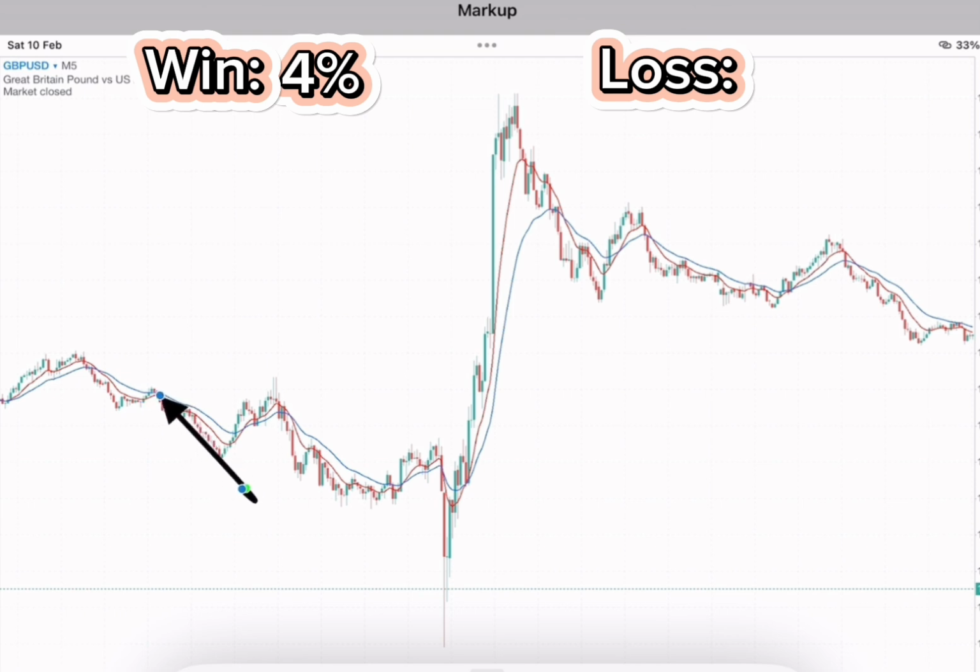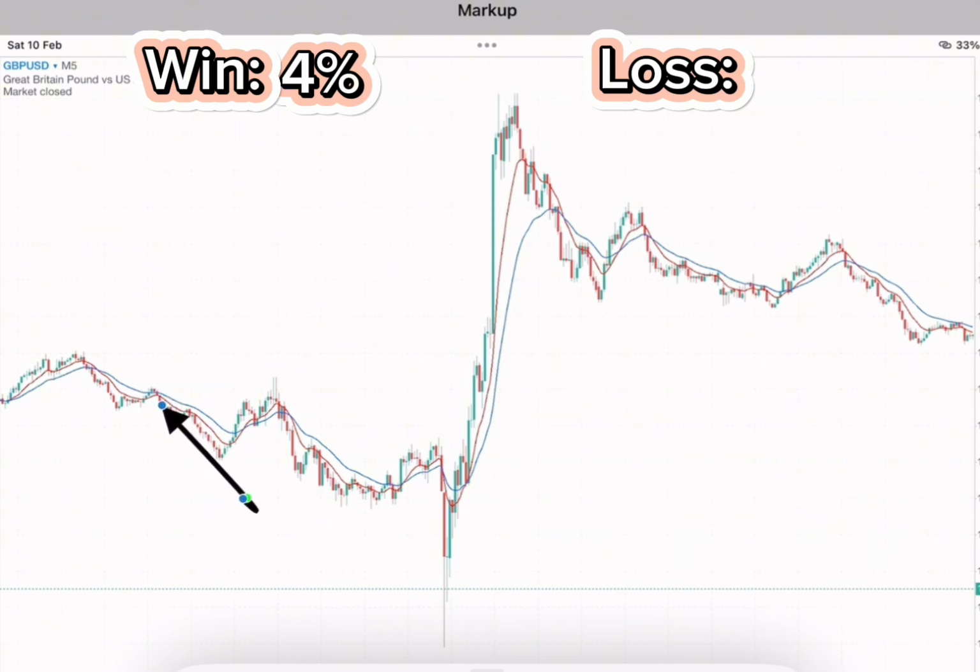At this point, this is another opportunity for us. I'm going to show you how you can trade this. What you should do anytime you see a setup like this, especially when the direction is already confirmed that it's gonna sell, because the blue moving average is above the red moving average: once you see the candles go above or in between the moving averages, without the moving averages crossing each other, just wait for a candle to close again.